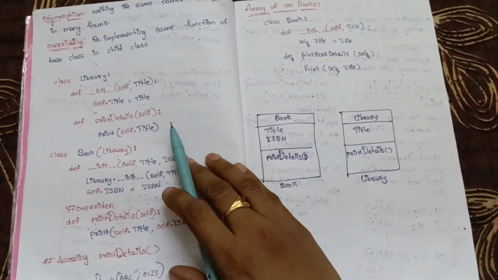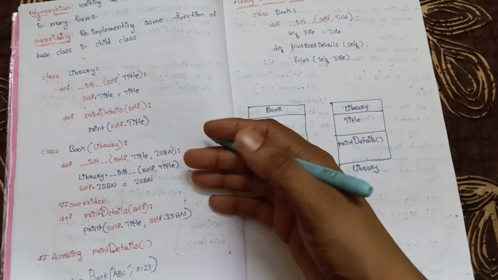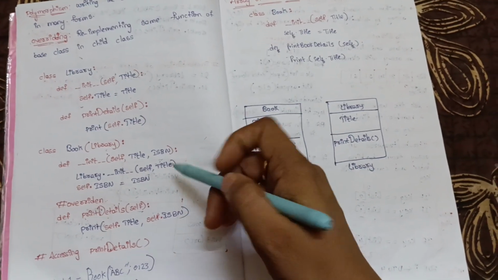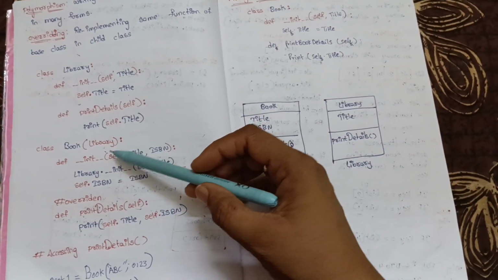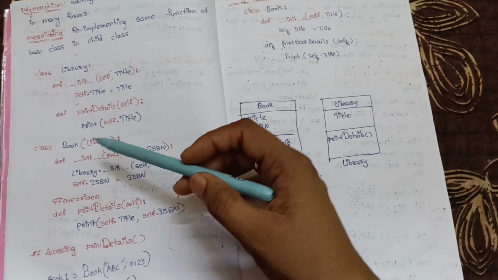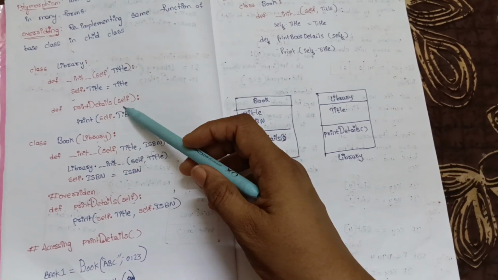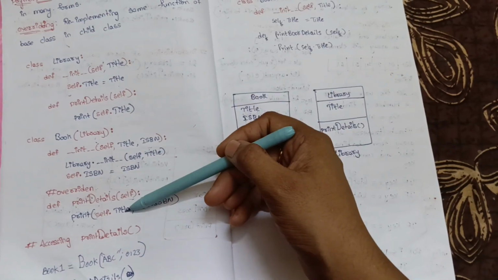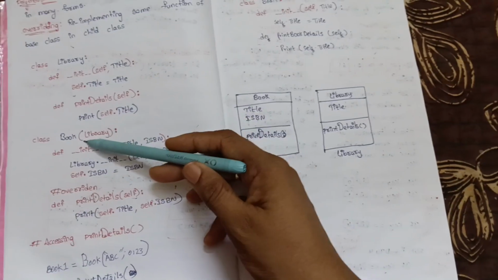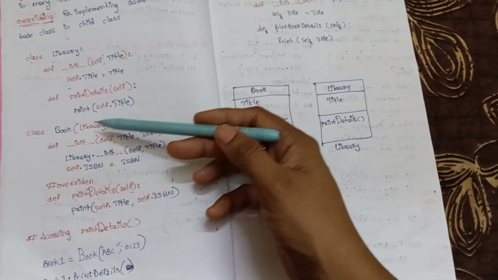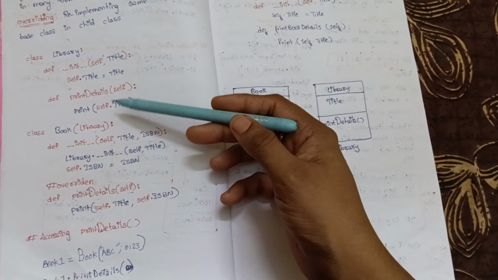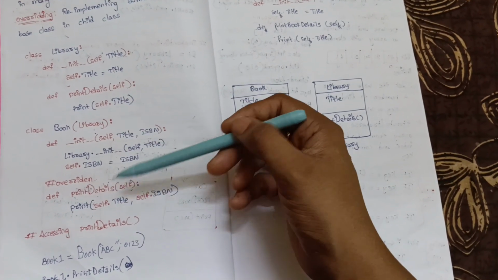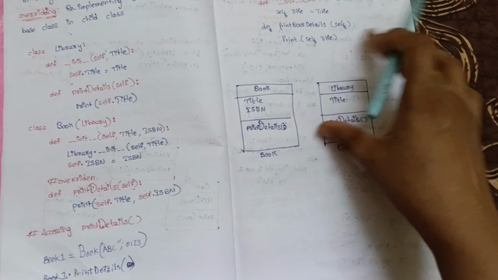At this point, you might be doubting something. We know the concept that when we inherit any class, all the properties of that superclass get dumped into the child class along with the properties of that specific child class. Then it would be like two print details functions in the Book class. Is it correct or not?